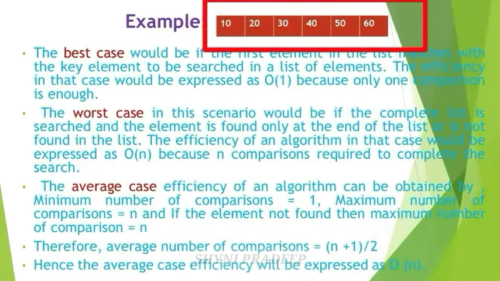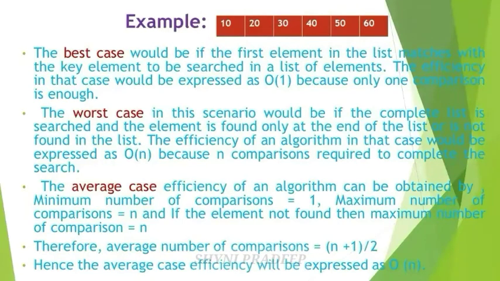If you want to search a particular number in this list, which means if you want to search the number 10 in the list, you compare that number with each element in the list. Compare this value with the first element. This is 10, this is also 10.